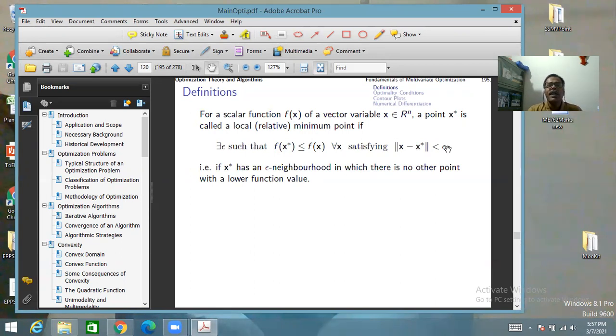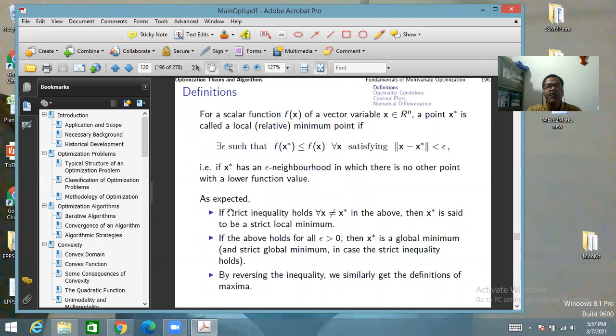Basically, it means that x star has some epsilon neighborhood in which there is no other point which is better than this, where the function value is lower. So as we did in the single variable case, these three extensions will follow. If strict inequality holds, then we will call it a strict local minimum.